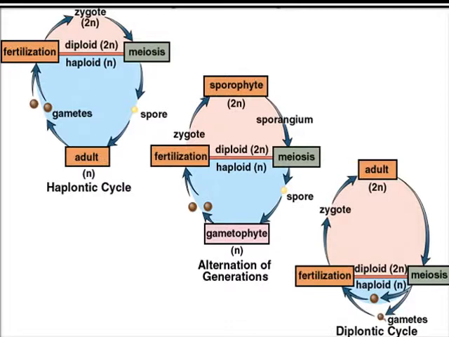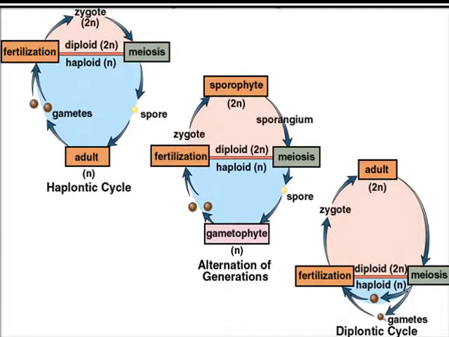Then we saw in the diplontic life cycle that only the gametes were haploid and all the other structures were diploid, so we called it the diplontic life cycle. Now in alternation of generation, the number of diploid and haploid structures are equal. How they are equal, we will see.